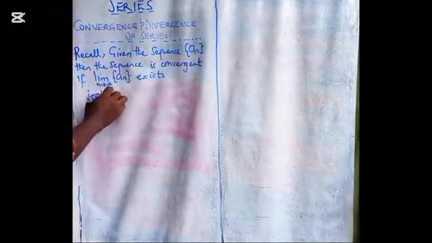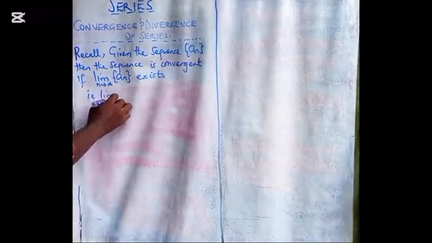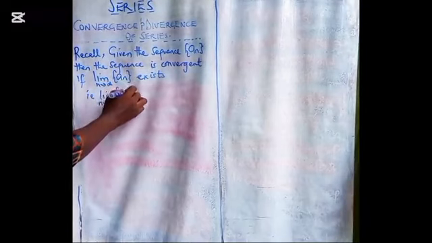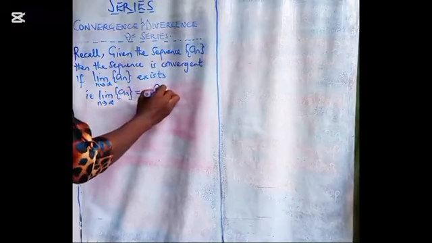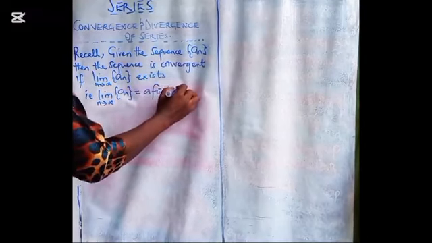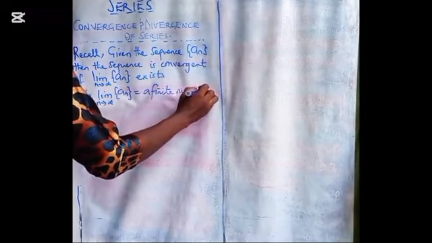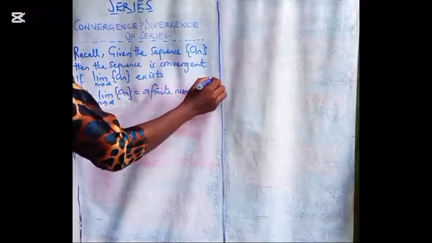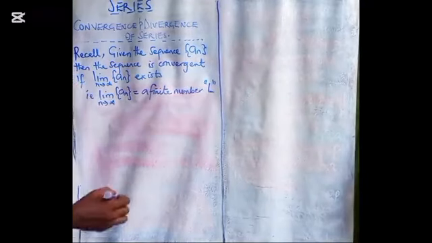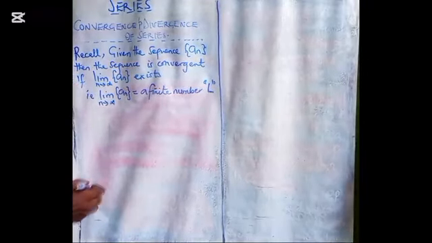That is, if the limit as n tends to infinity of a sub n equals a finite number, say L.